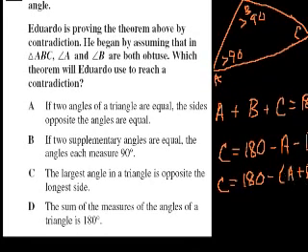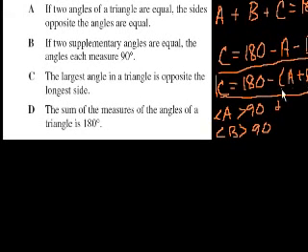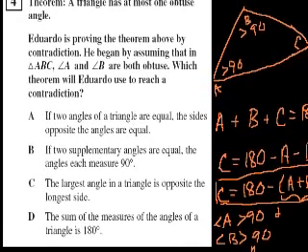So if we're subtracting something greater than 180 from 180, then C has to be less than 0, and we can't have negative angles. So right there, that is the contradiction.